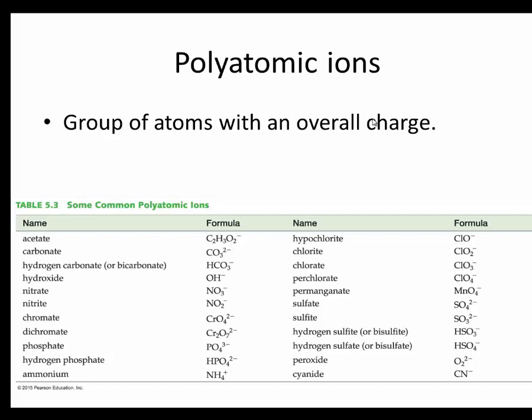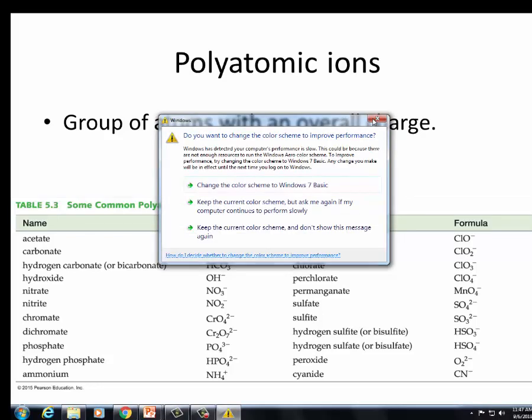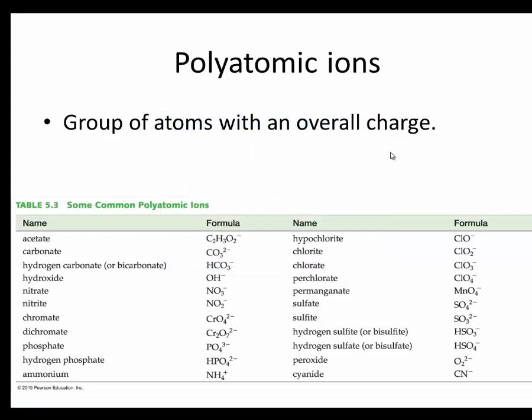And so we have this list of polyatomic ions. This is in your book. Does anyone see any kind of trends on this list? Hydrogen shows up, and sometimes we see a lot of oxygen showing up.